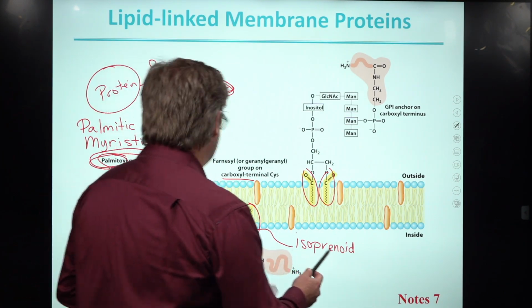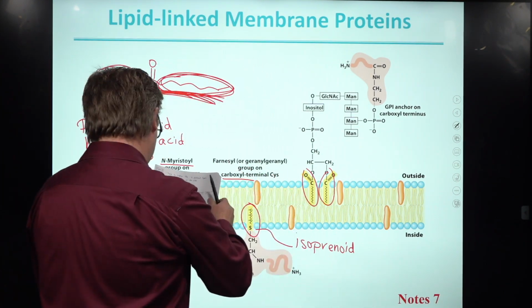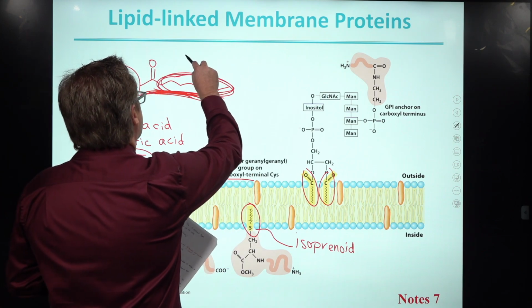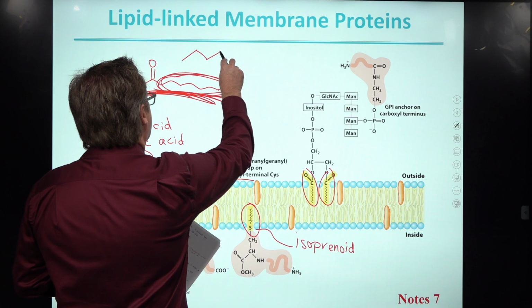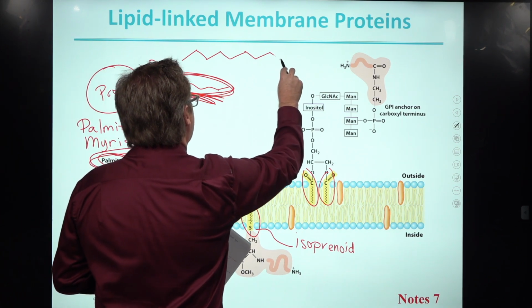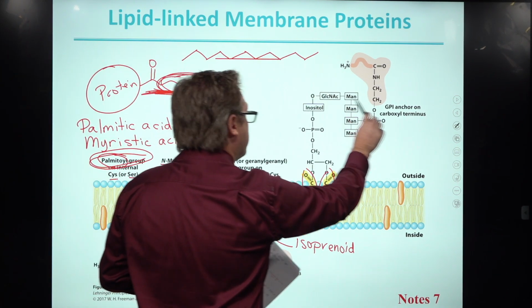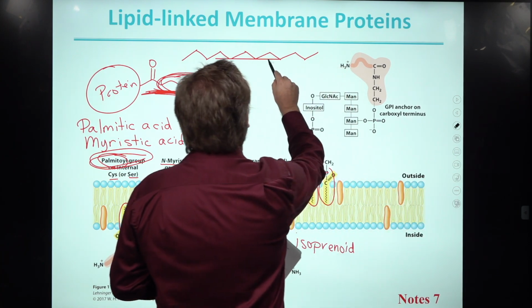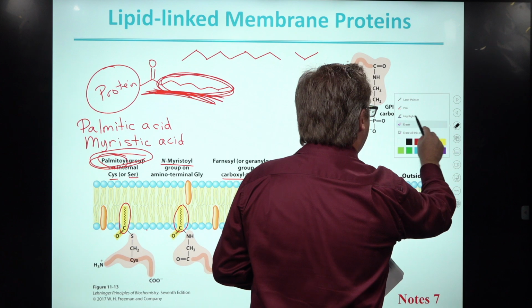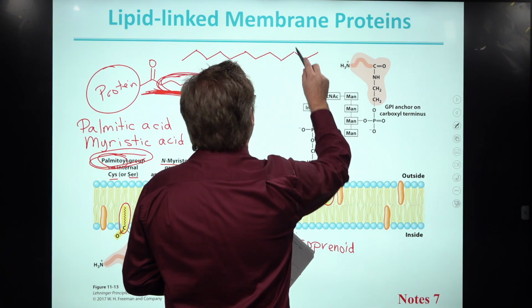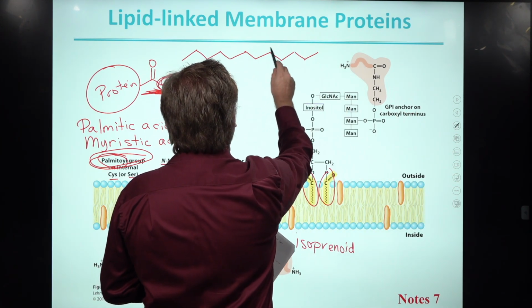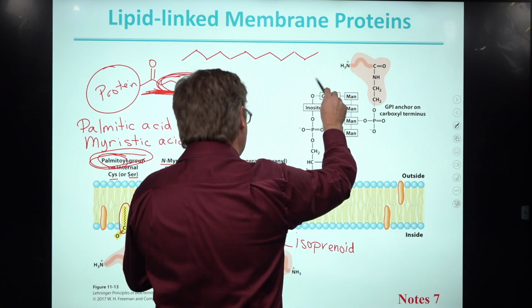So the structure of that is going to look like this: 2, 3, 4, 5, 6, 7, 8, 9, 10, 11, 12. And of course, we have to have something like that. 1, 2, 3, 4, 5, 6, 7, 8, 9, 10, 11, 12.